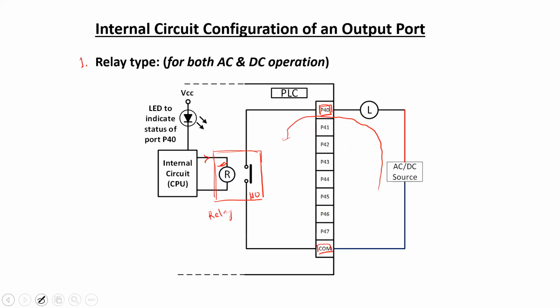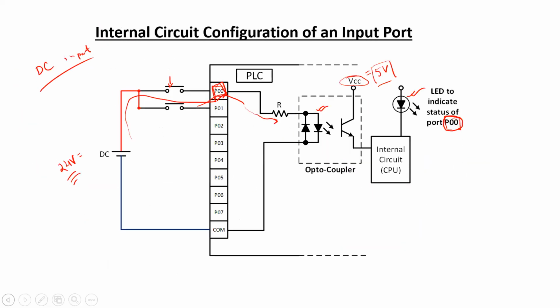According to this diagram, that would actually not be a problem if this sort of internal configuration is there, because if you reverse the polarity, instead of this LED, this other LED is going to turn on and emit some light.